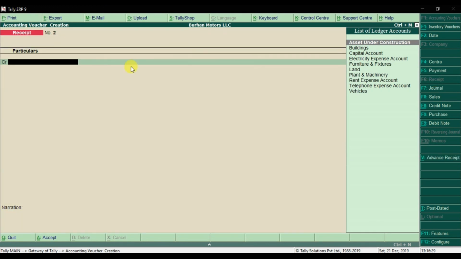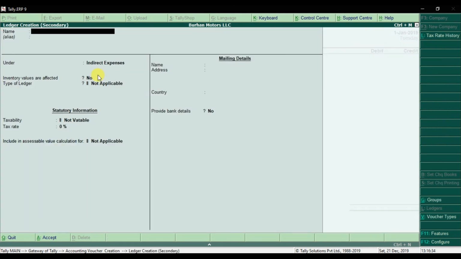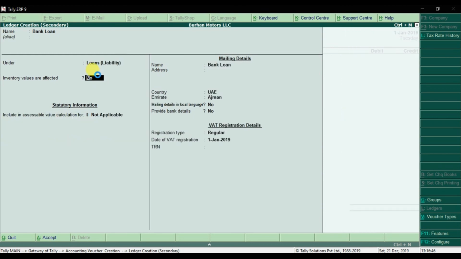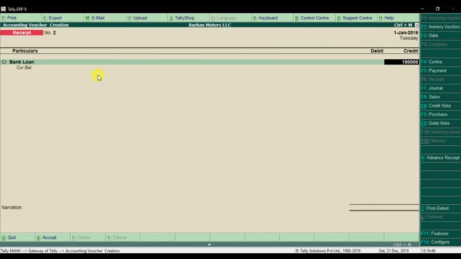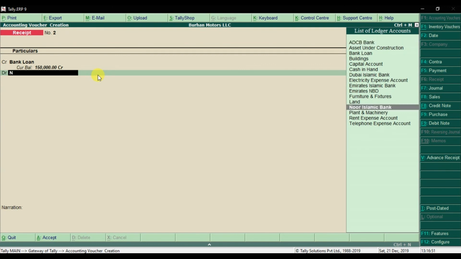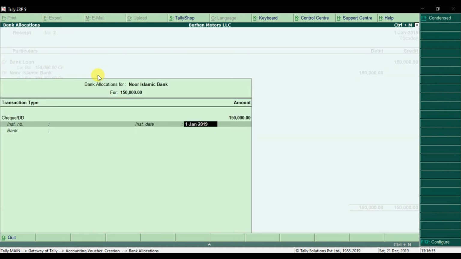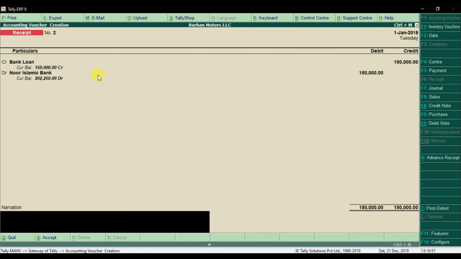Yeah. So F6. So we don't have that liability account, the bank loan account. So Alt C, bank loan, right? Under loans, not loans asset, under loans liability. Enter. So how much is it? 150. Enter, and you're receiving it in Noor Islamic Bank. Enter, and that is that information.